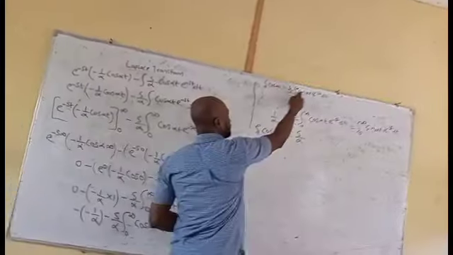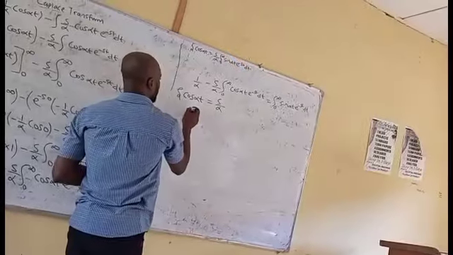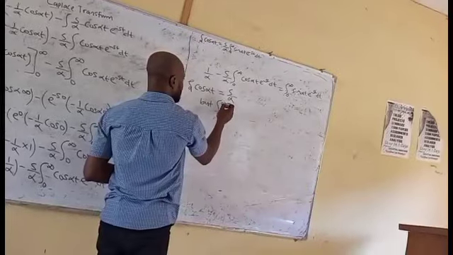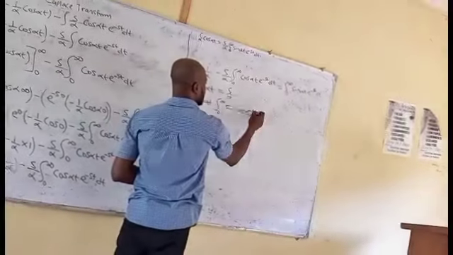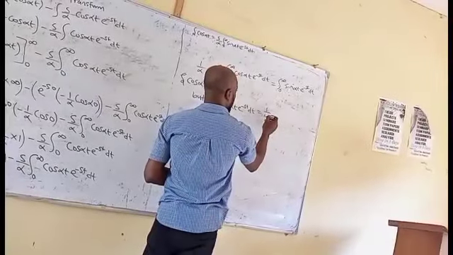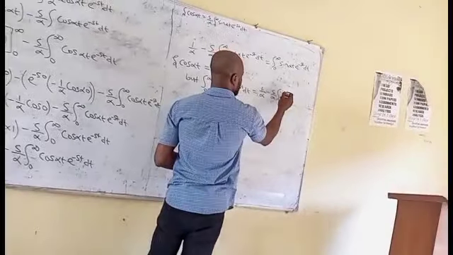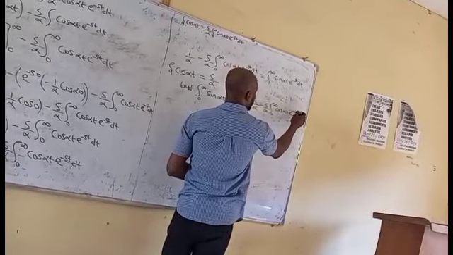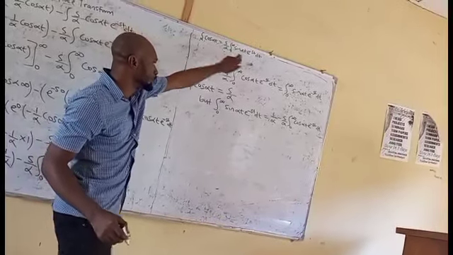I have my x multiplied by this, and the integral from 0 to infinity of sine alpha t exponential minus st dt gives you 1 over alpha minus x over alpha times the integral from 0 to infinity of cos alpha t exponential minus st dt. I'm going to substitute it here.